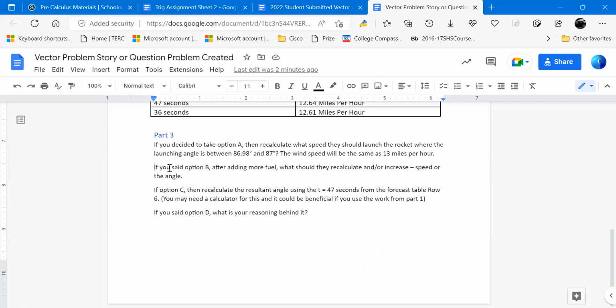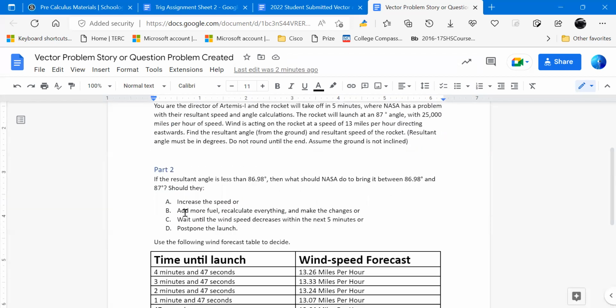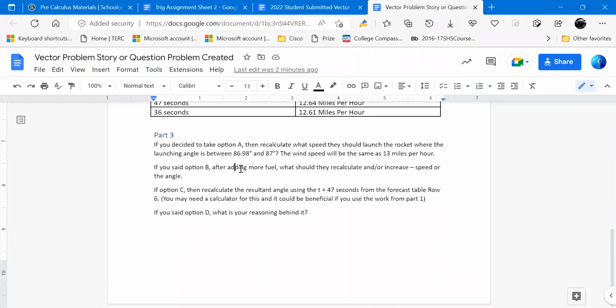Then, if you said option B, after adding more fuel, recalculate everything and make the changes. So you just added more fuel. What should they recalculate now? It asks if they should increase the speed or the angle.